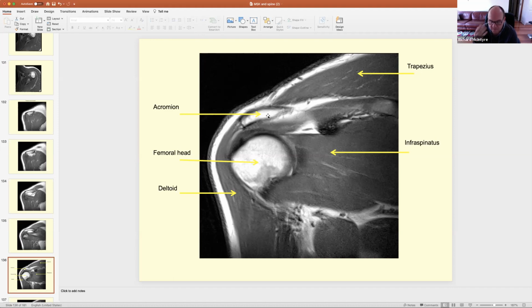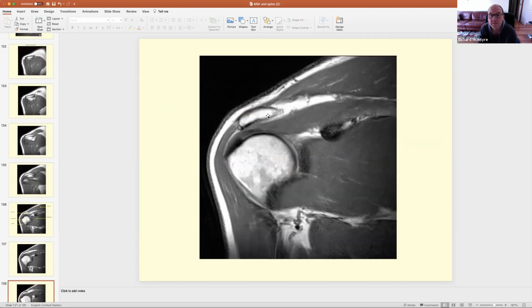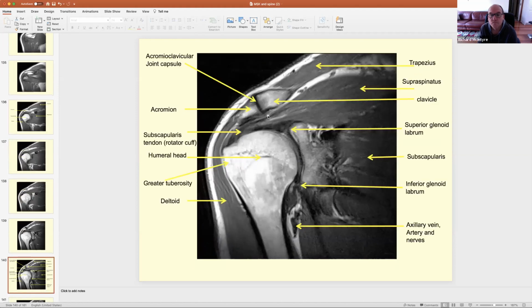Of course, you've got the humeral head and the deltoid. So there's the acromioclavicular joint, okay, or capsule, acromion, clavicle, the trapezius and the supraspinatus. Okay, so the supraspinatus, supra on top of the spine.